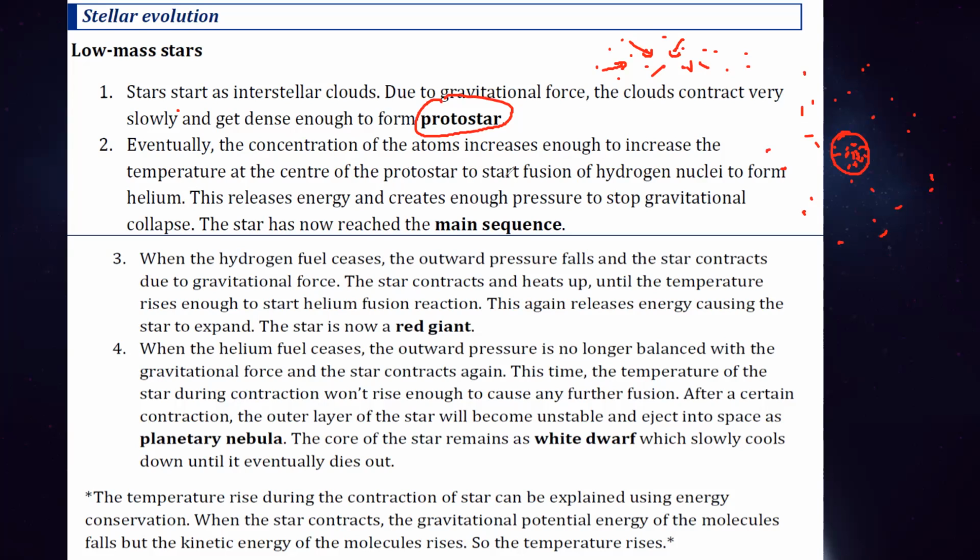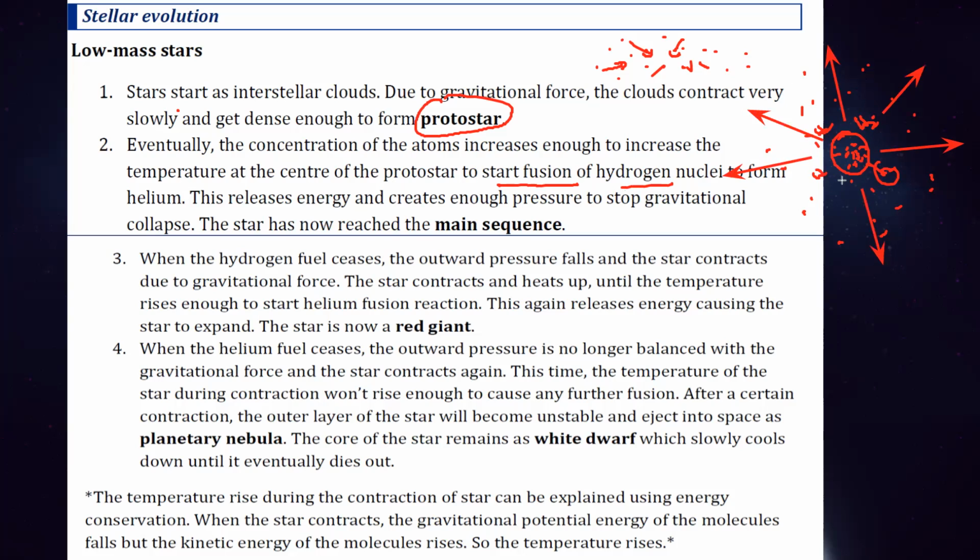And at the center of a protostar, it starts a fusion of hydrogen nuclei. So the hydrogen from the molecular cloud starts to fuse together and turns into helium. This releases energy and creates enough pressure to stop the gravitational collapse. Due to the nuclear fusion, there is a radiation pressure outward.